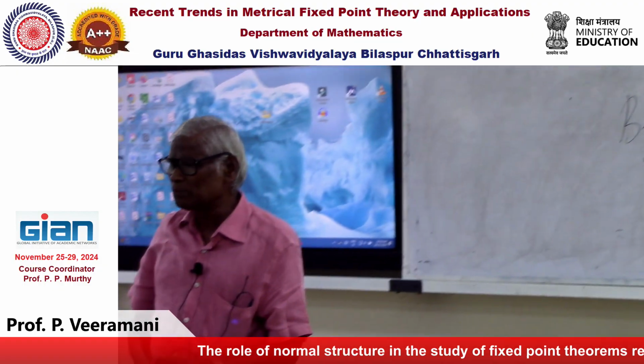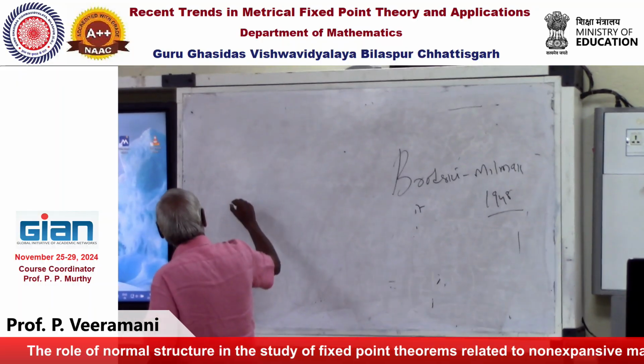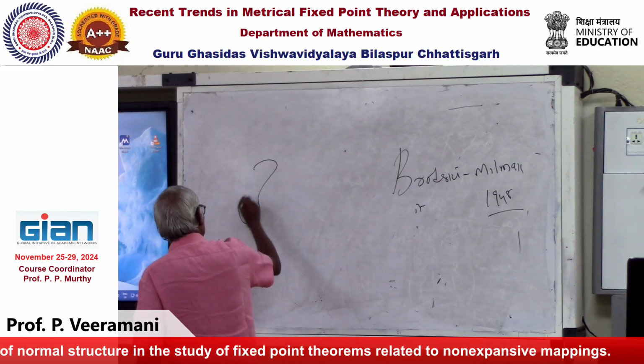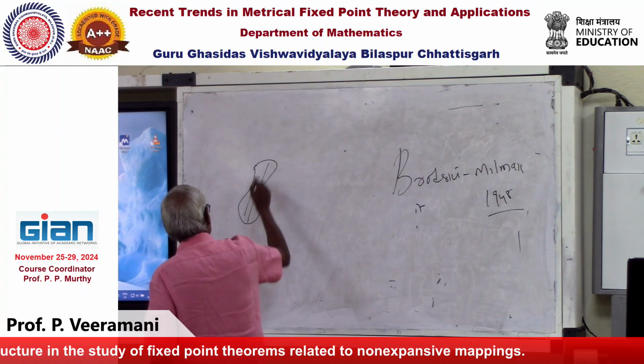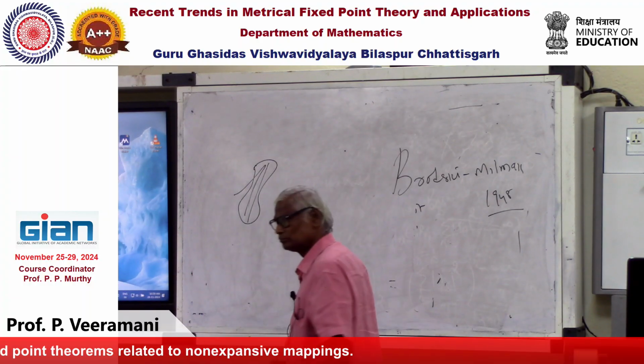See, normal structure means, suppose our set is like this, convex and everything is here, a symbolic set I will write, need not be a unit ball.